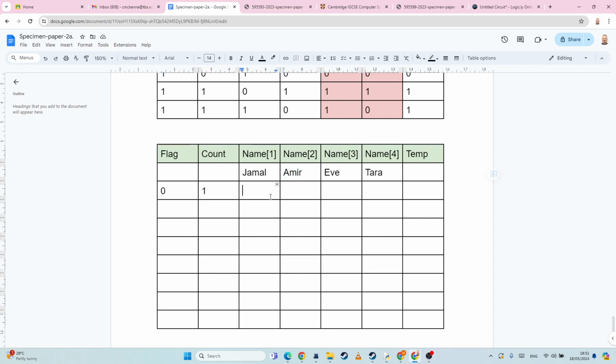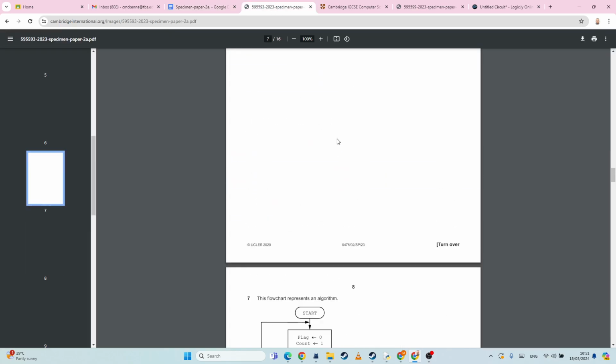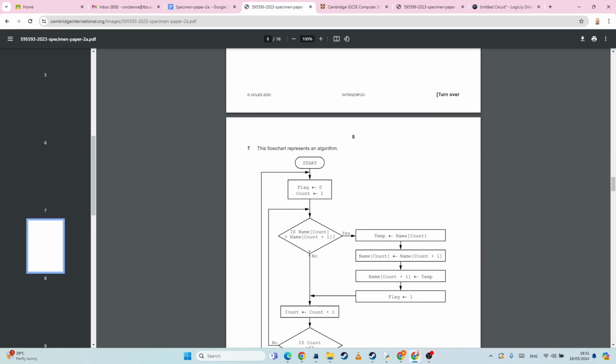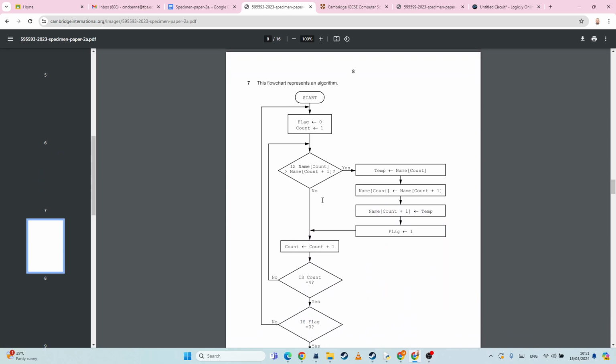Now, this was where people went, huh? That's not fair. These are letters. How can one be greater or less than the other? Well, that's because it's done in terms of alphabetical order. Now, I think in fairness, the question should have made that clear because it might not work in every language. You can just compare two names together, but it is what it is.